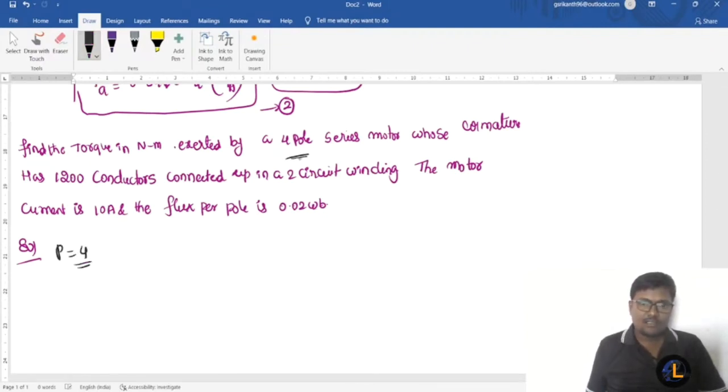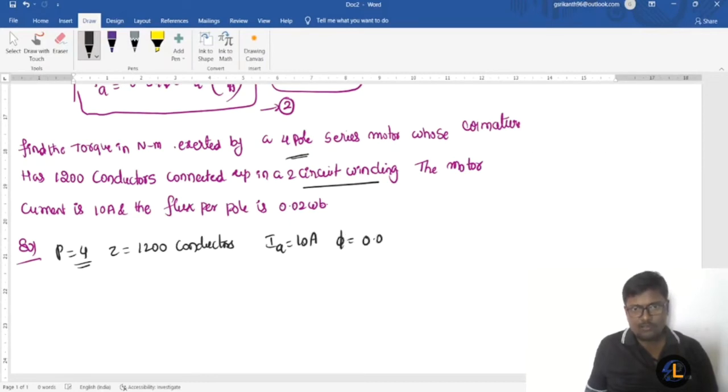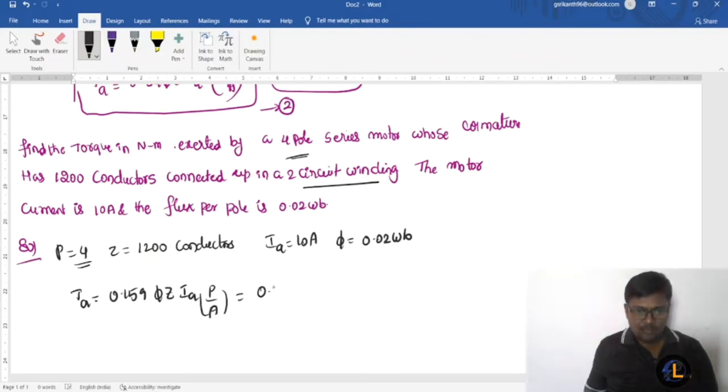The solution. So 4 pole means the number of poles is 4. And armature Z is 1200 conductors in a two circuit winding. Armature current is 10 amperes. Flux is equal to 0.02 Weber. The armature torque equation: 0.159 into phi into Z into Ia into P by A. 0.159 into 0.02 into the number of conductors, 1200. Armature current is 10. Number of poles is 4.